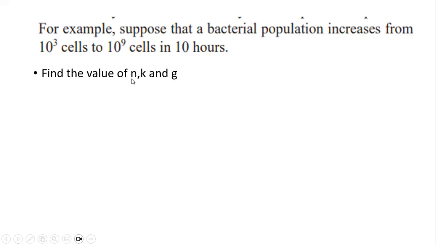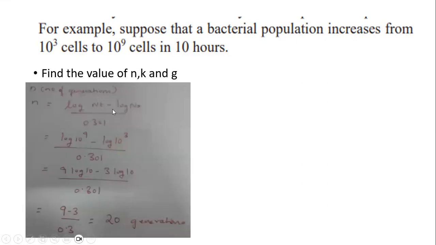So first of all, to find the value of n, we need to use the previous formula. n is the number of generations, and the formula is log nt minus log n0 divided by 0.301. nt is the population at the end of the experiment, that is after 10 hours. So here it is log of 10 to the power 9 minus log of 10 to the power 3, that is the initial population, divided by 0.301.